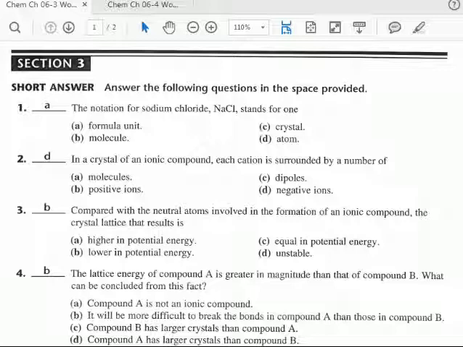And so both of these crystals, compound A and compound B, have lowered their potential energy when they came into this form, right? Compound A and compound B. To say that the lattice energy of compound A is greater in magnitude is to say that the amount of energy released when compound A formed is greater than the amount of energy released by compound B when it formed.